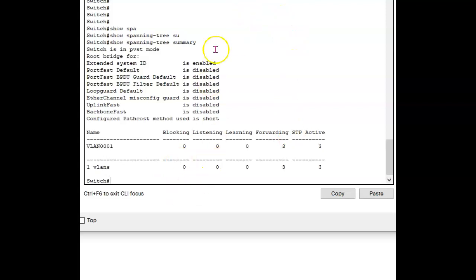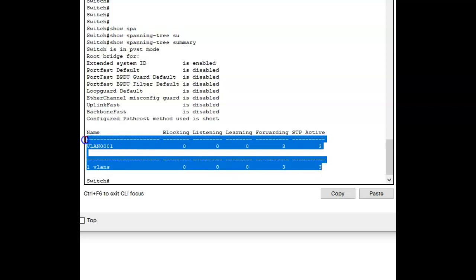And in this case, I get that it's in PVST mode, and then I get a lot of information about whether BPDU guard is turned on, whether port fast is turned on, and all of that. And then down here at the bottom, I have the states that it's in, the listening, blocking, learning, forwarding states that we really haven't talked about in any detail. But if I'm curious about a particular state at a given time, this will give that information to me.